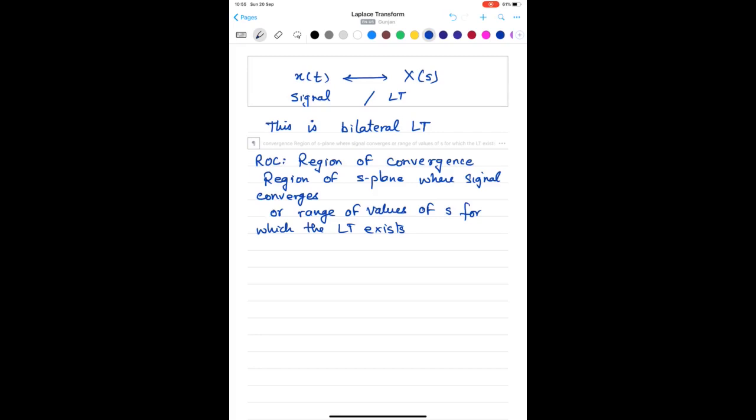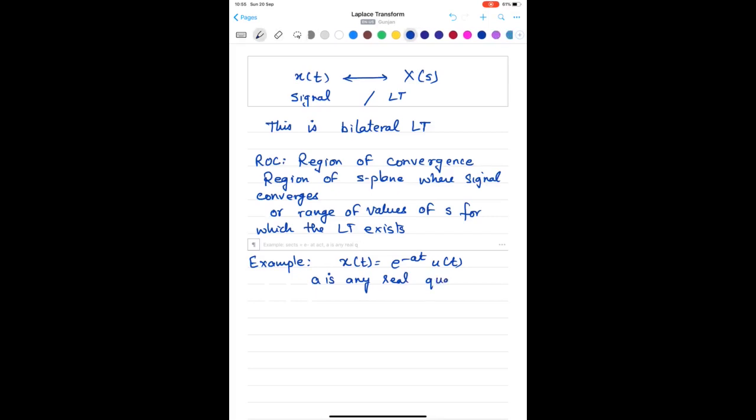So for example, if I take my signal as x of t equals to e raised to the power minus at u of t, where u of t is your unit step function and a is any real quantity, or number. So a is defined as real and u of t is your unit step function or signal.